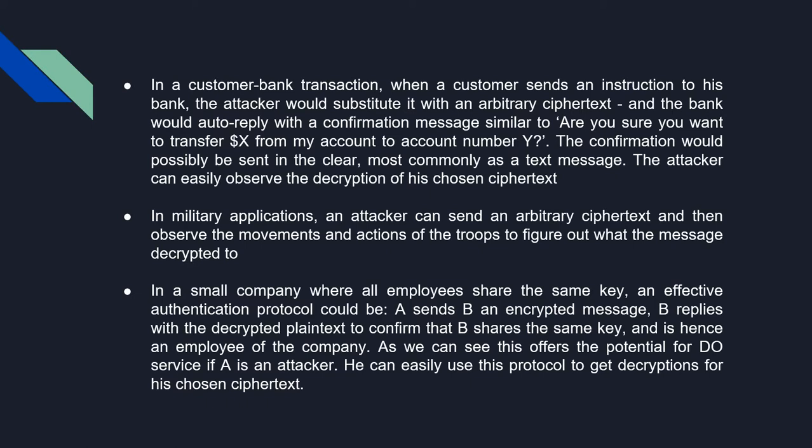Now suppose one person makes a transaction of 10 rupees to the bank, and the adversary modifies that ciphertext or chooses a new ciphertext which says the transaction is for 10,000 rupees to the bank. Now the bank assumes that the message is coming from the legitimate customer. So in that case the transaction amounts will differ, and that will cause a big problem.